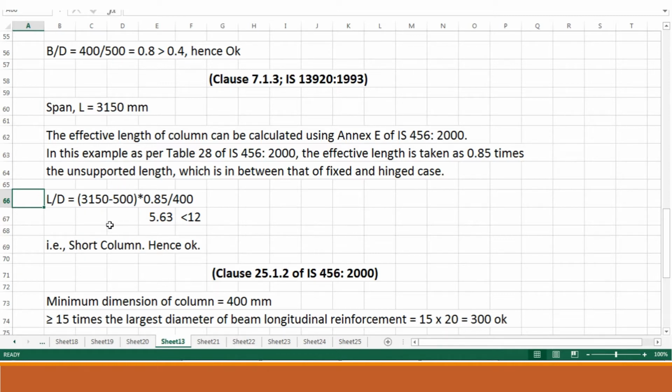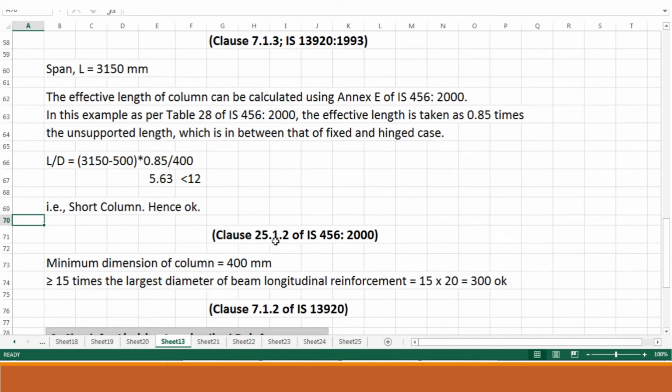This is the depth of the beam, so we are actually defining the clear span, times 0.85, which makes it the effective one, divided by 400, which is D. Thereby it's equal to 5.63, which is less than 12. So we are designing it as a short column, hence okay as per clause 25.1.2 of IS 456.